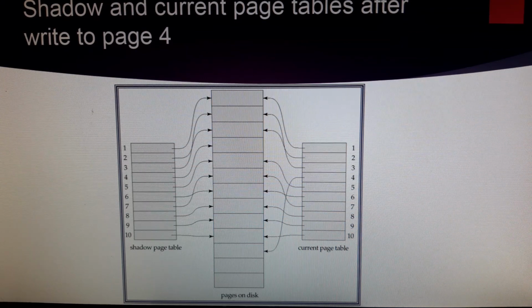It is pointing to the new copy and to the disk, so there is no problem. If the shadow page table is not pointing to the disk and only the current page table is pointing to the disk, it should be pointing only to the old copy. No new copy is there, which means it is not yet committed.